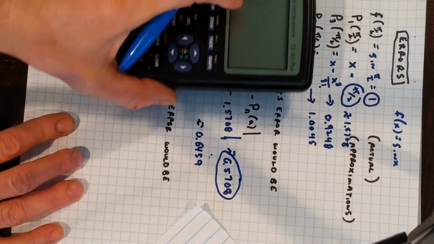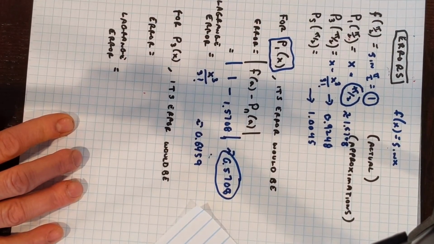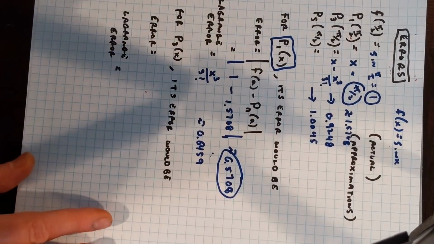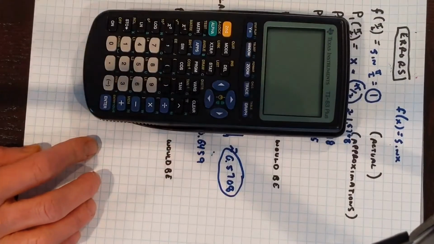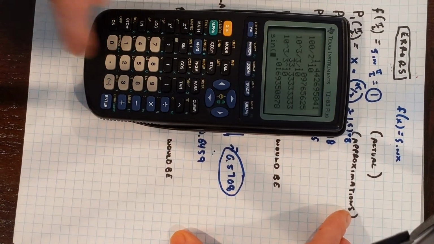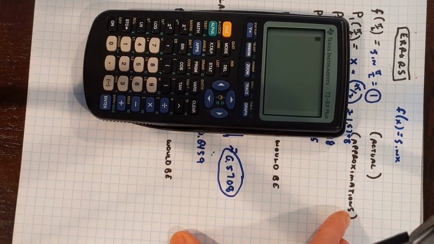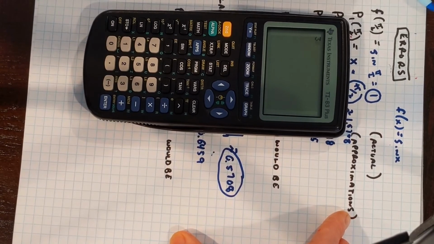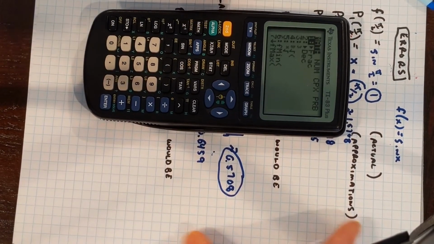Now for those people that don't know how to use their calculator to find that factorial thing, that little 3 factorial, let me show you real quick. Hopefully you can see this. You turn it on. I'm going to clear my calculator. Now if I want something like 3 factorial, I hit 3. Now to find the factorial, hit the math button.